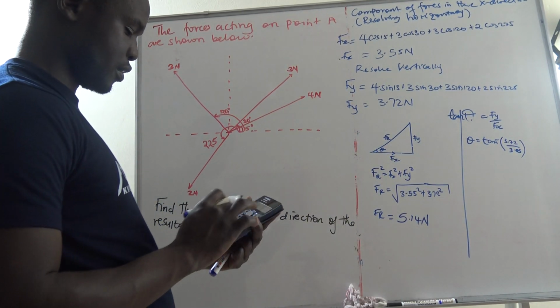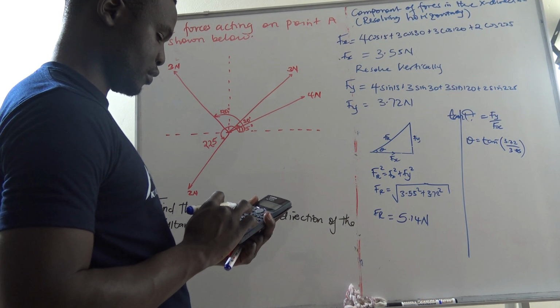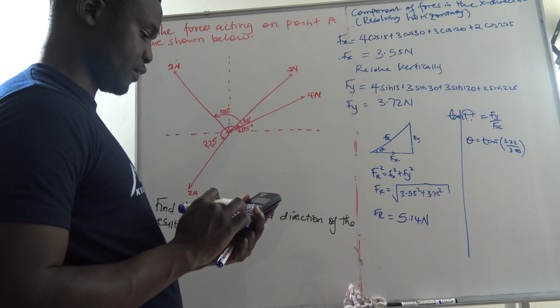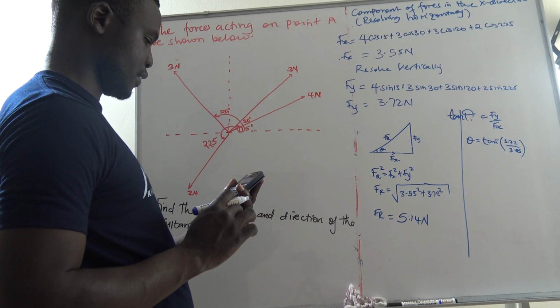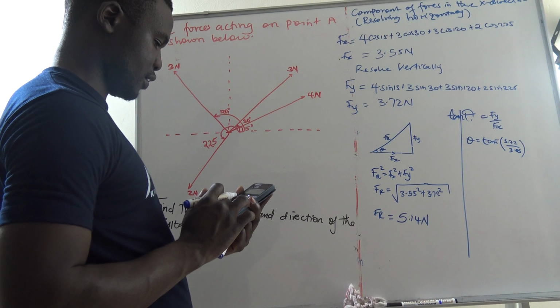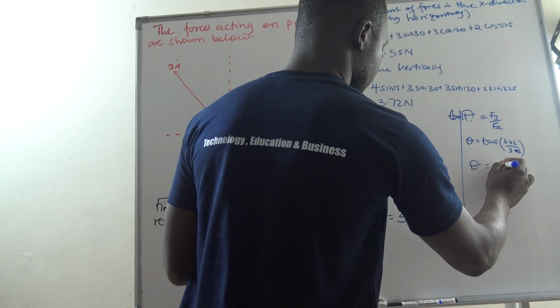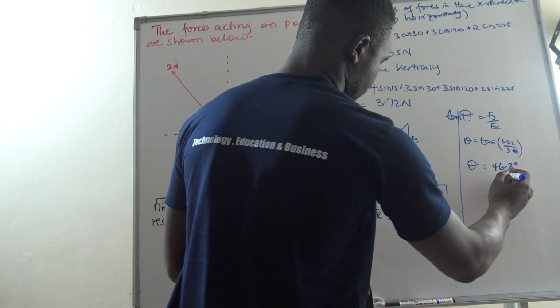So 3.72 divided by 3.55, the tan inverse of that answer is 46. Therefore, theta is equal to 46 degrees.